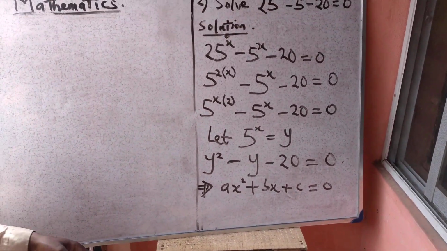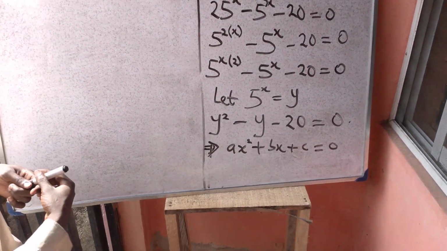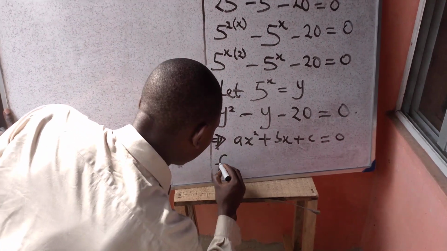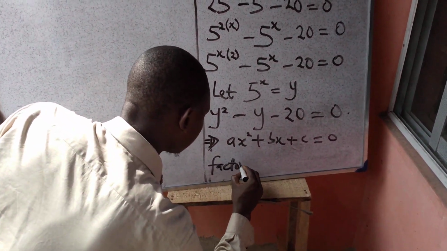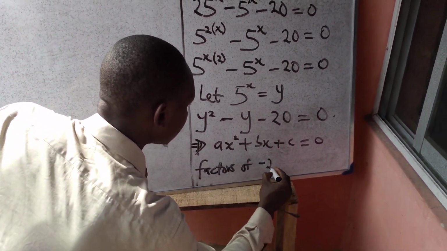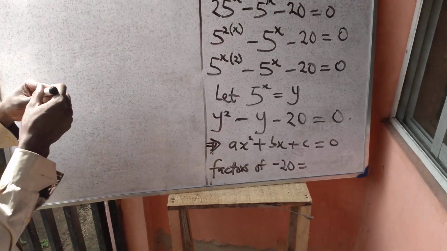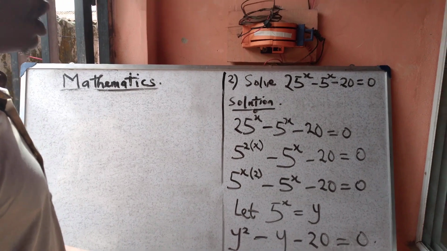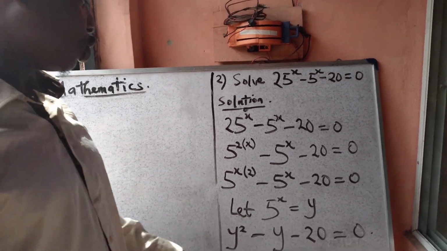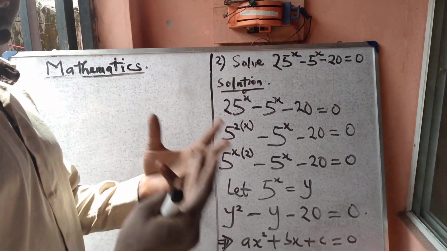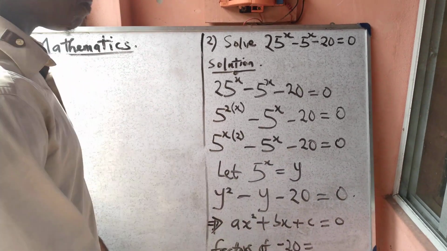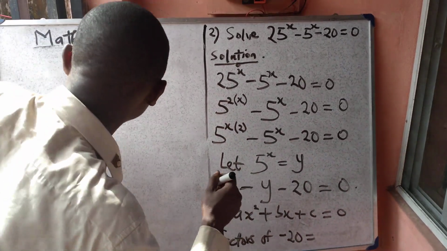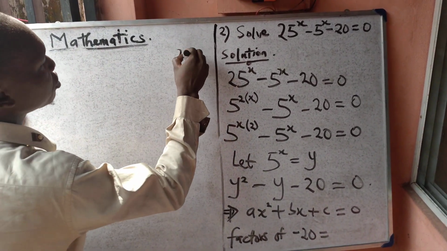Now look for the factors of minus 20. We need two factors such that when we add them, we have the number in the middle, and when we multiply them, we have the number over here. So this is it, obtaining the factors of minus 20.